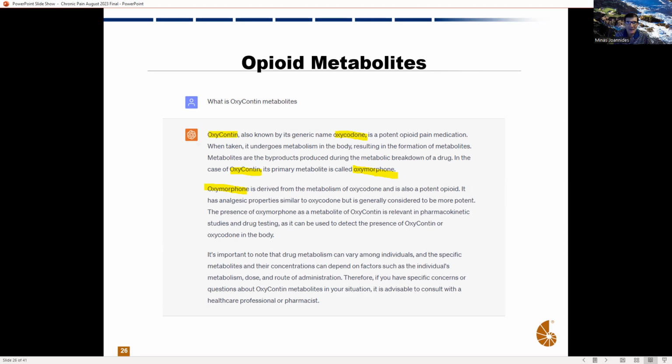So I went with the bad grammar question and I got a better answer. So OxyContin, known by its generic name, oxycodone, has a primary metabolite of oxymorphone. So as I said, both may be present on a drug screen, but it doesn't mean they're taking two drugs.